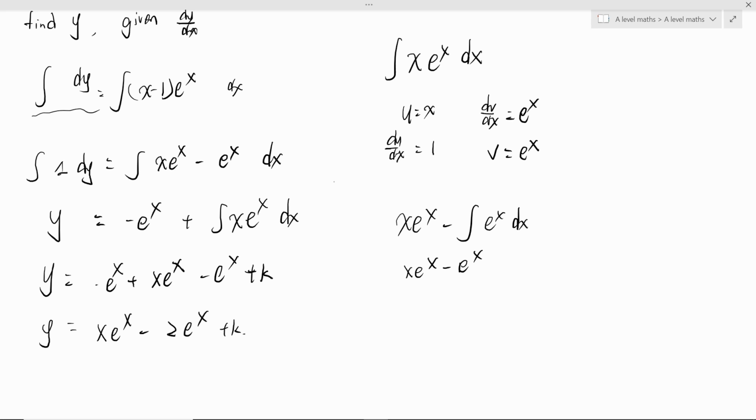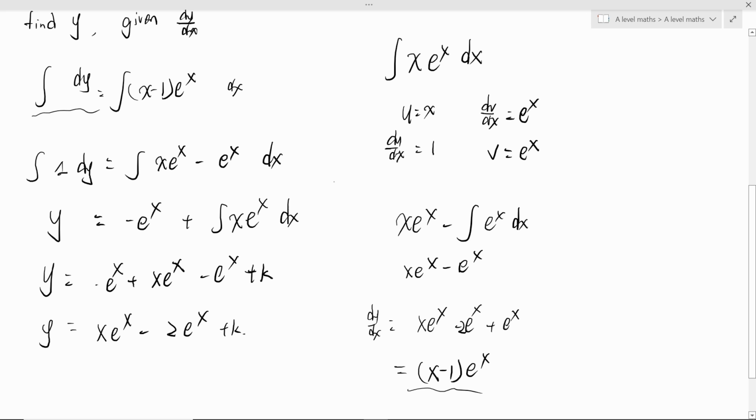And we can check it by differentiating the expression. dy/dx is the derivative of x e to the x minus 2 e to the x, and here we differentiate using the product rule. We have x e to the x plus e to the x minus 2 e to the x. So dy/dx is (x minus 1) times e to the x, exactly as they asked for.